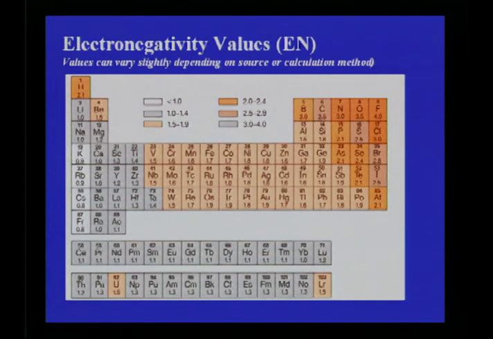So you can see here the diagonal trend of increasing electronegativity values. That means it's the tendency of the element to attract electrons within a bond, having already made a bond. So the more electronegative elements will draw the electrons towards themselves.